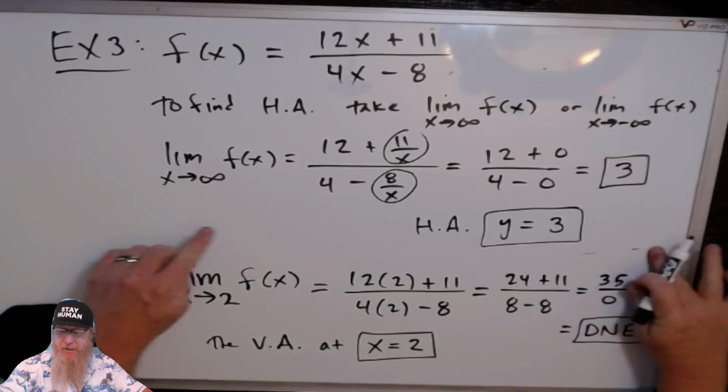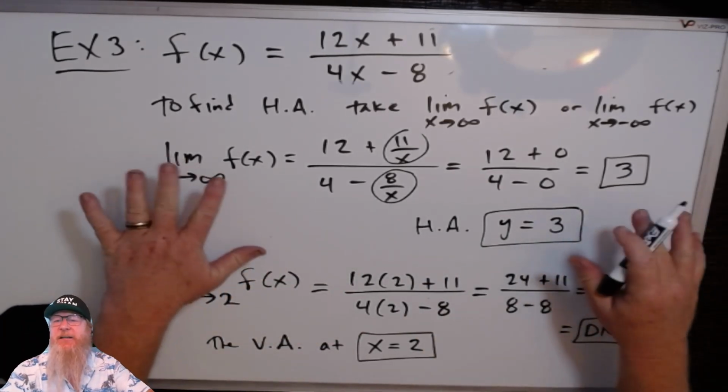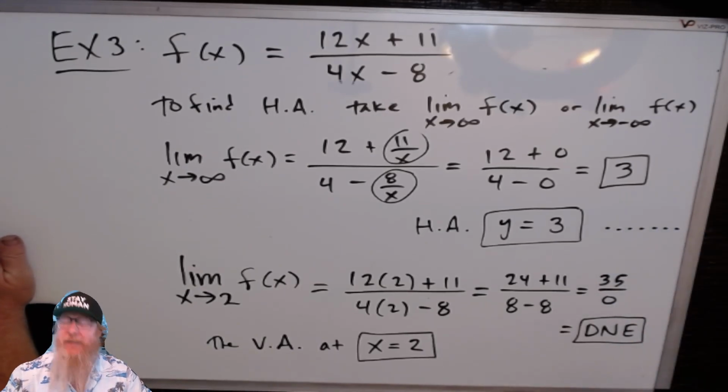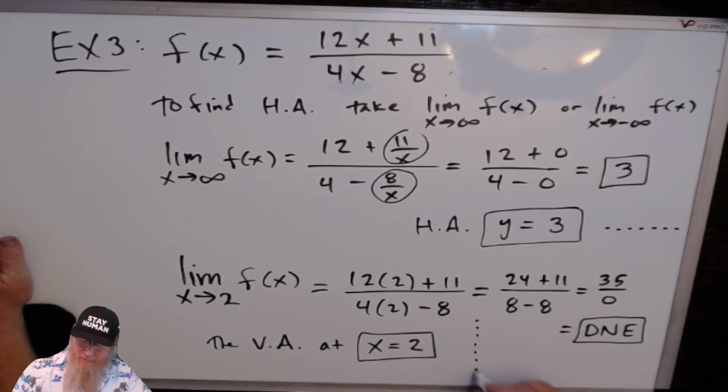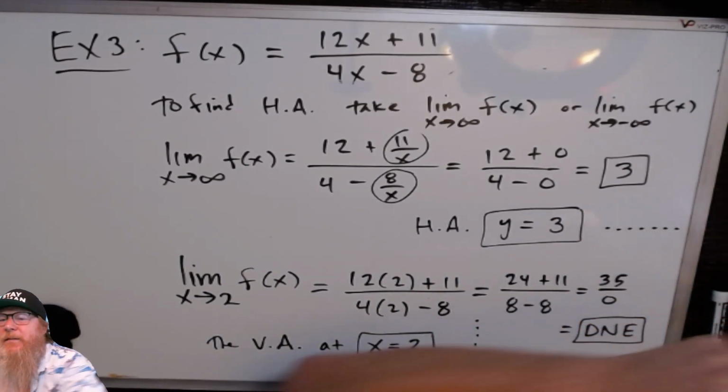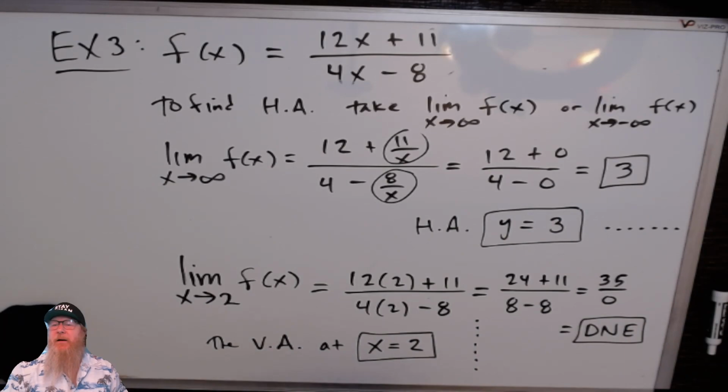Let's make sure that you see that these things are distinct. This one's a dotted line that goes horizontally, and this one's a dotted line that goes vertically. Let's see the graph.